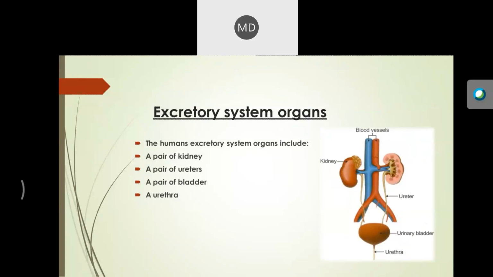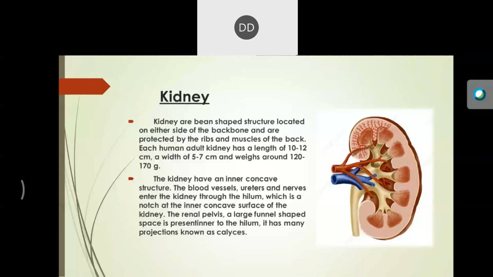Excretory system organs. The human excretory system organs include a pair of kidneys, a pair of ureters, a urinary bladder, and a urethra. Kidneys are bean-shaped structures located on either side of the backbone and are protected by the ribs and muscles of the back.